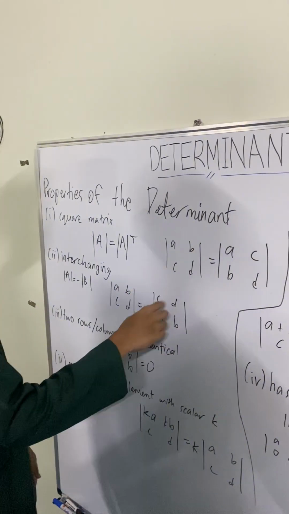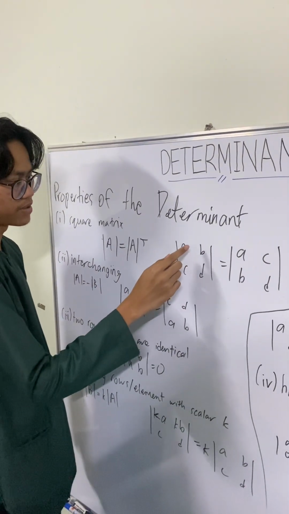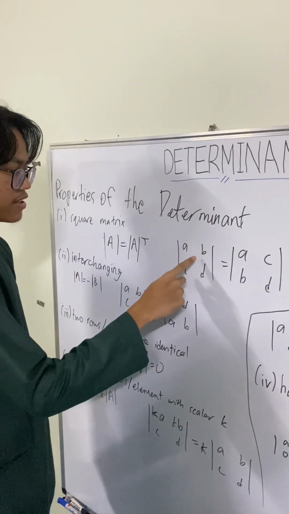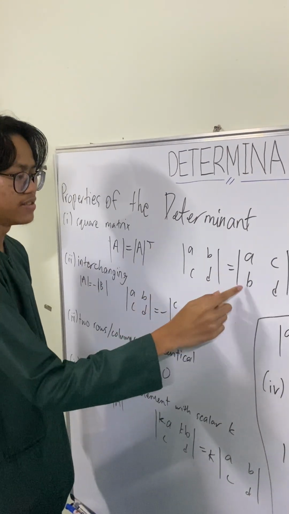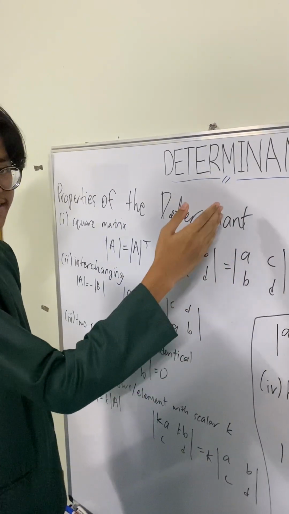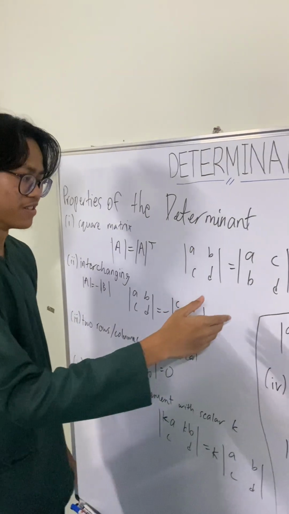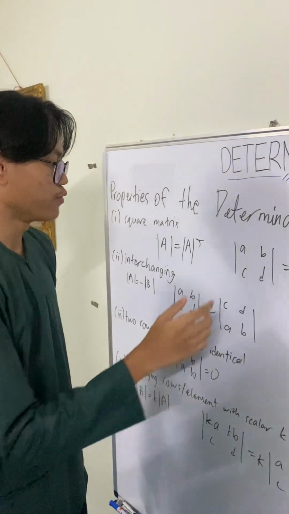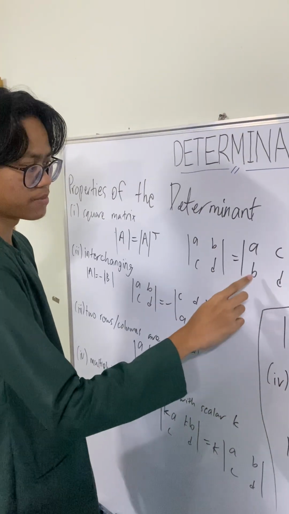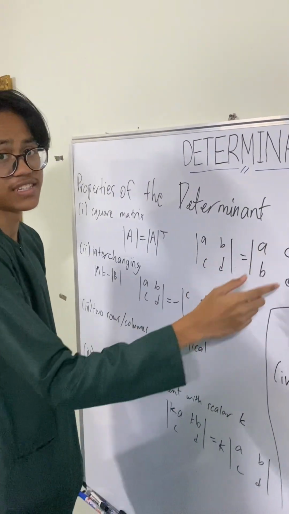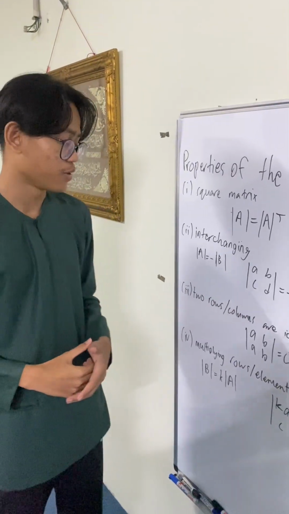So what makes it different, let's take a look at an example. B is located in the first row, second column, but this B is located in the second row, first column. But if we multiply C, B is still equal to B times C.